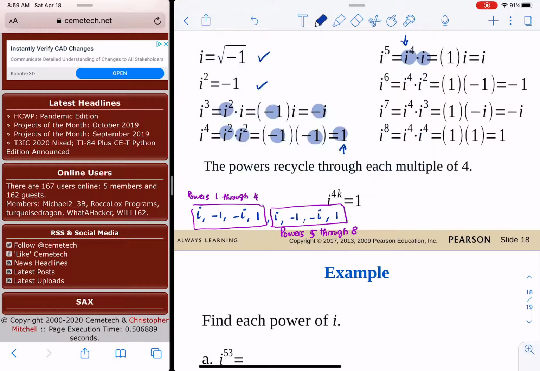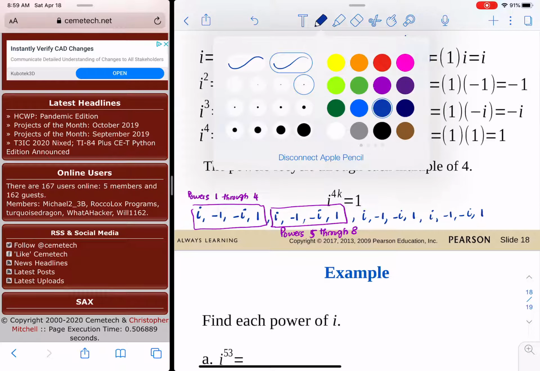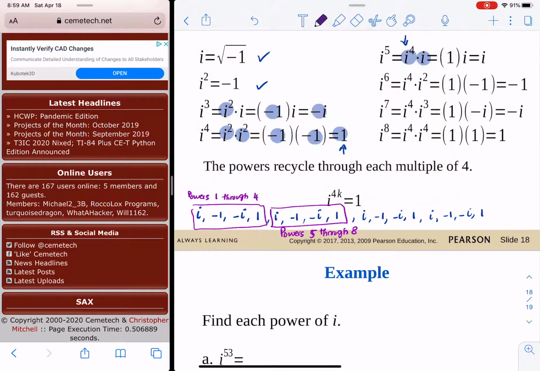The next one would be i, minus 1, minus i, 1, i, minus 1, minus i, 1, and that block would be powers 9 through 12, and that block would be powers 13 through 16.